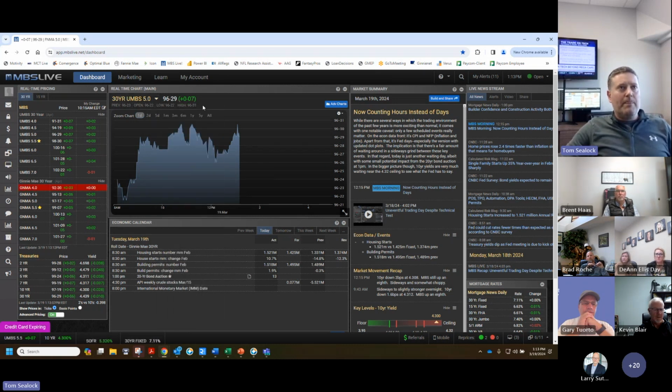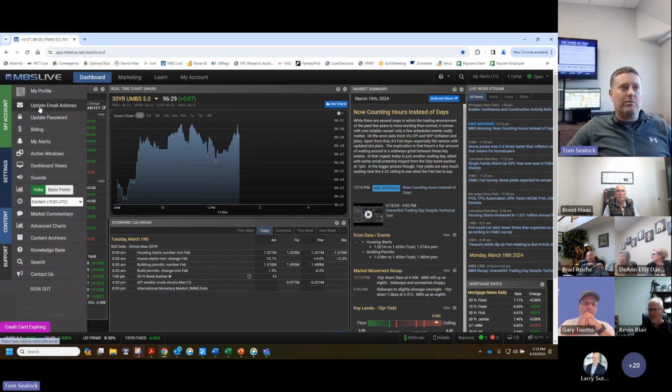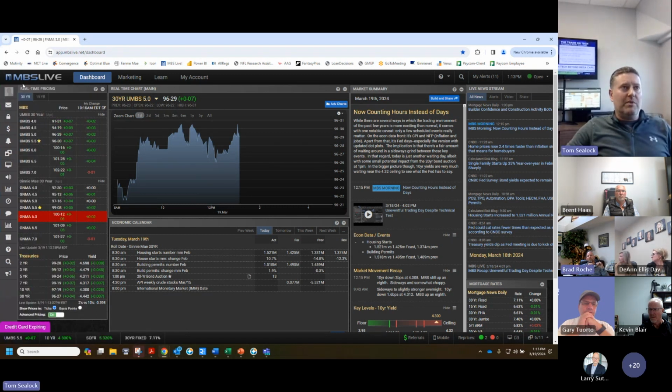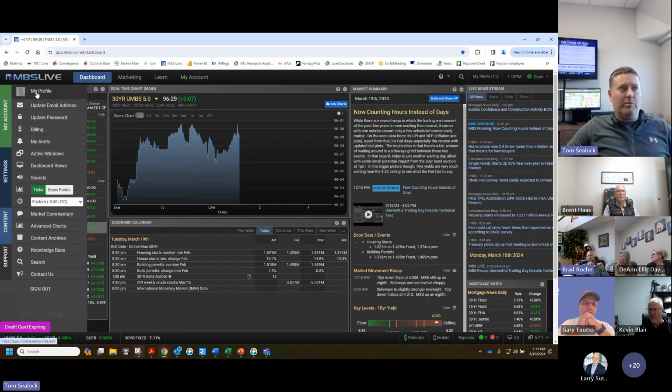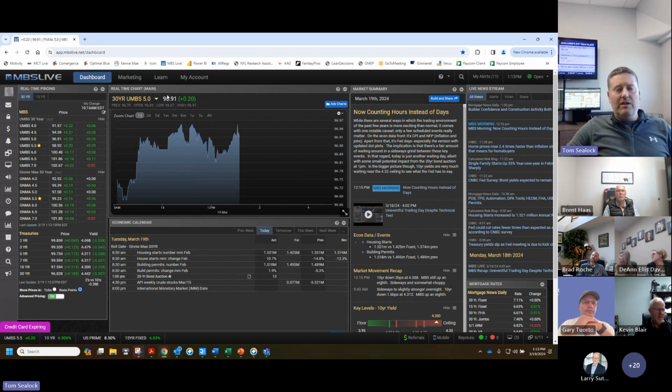So you can see right now, I think mine is set to ticks. But if you're more comfortable seeing things in basis points, if you hover over your profile, you can just click basis points, and then you'll see that instead of it saying 7 ticks, which is really about 21 basis points, so it must be up 6.5 ticks for it to be up 20 basis points.